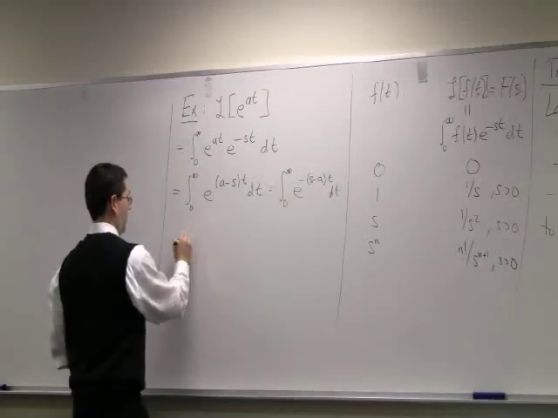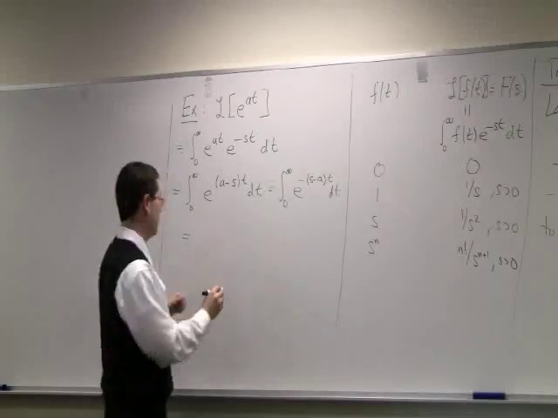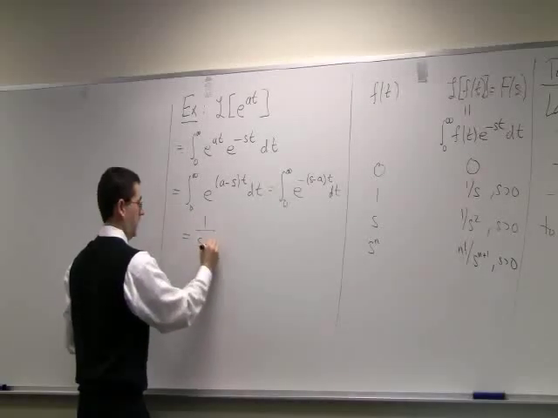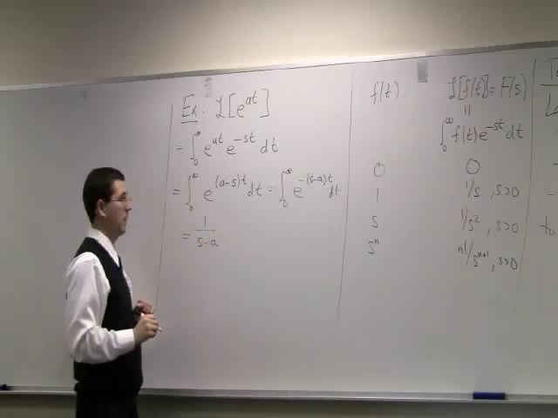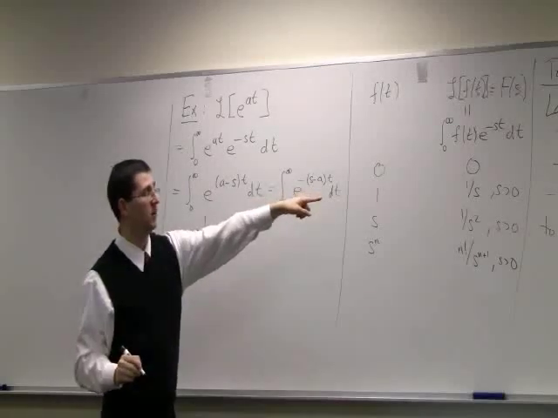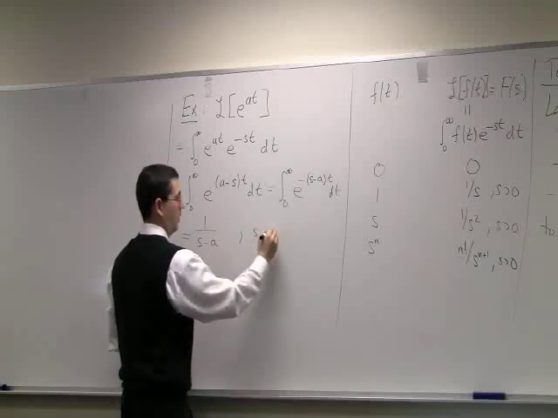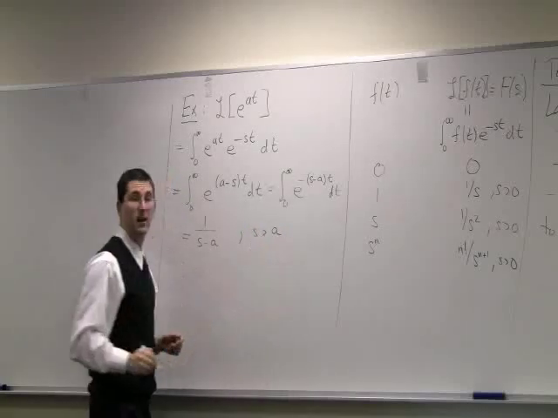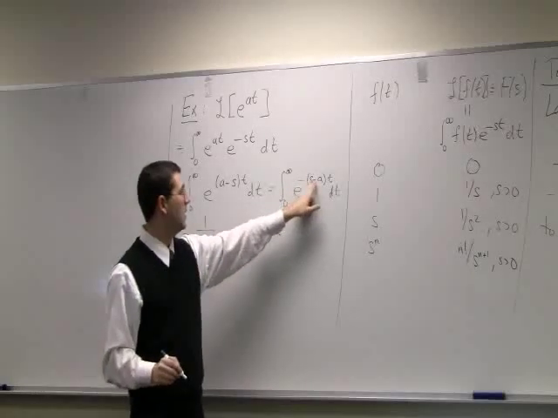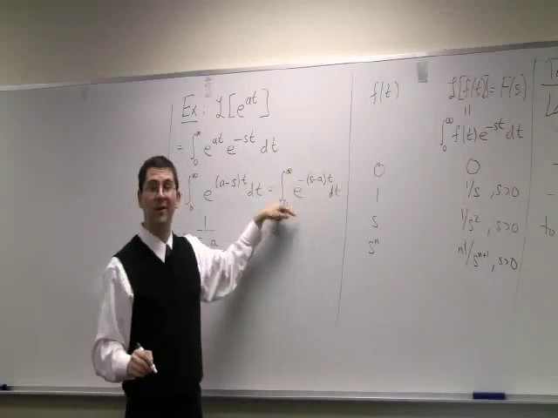And so the answer is just, well, 1 was 1 over s, but if we do it going to s minus a, it becomes 1 over s minus a. And instead of s being greater than 0, what does s have to be? s has to be greater than a. You're doing that so that this is positive, so that this will converge.